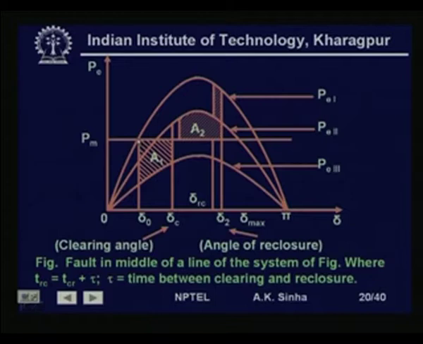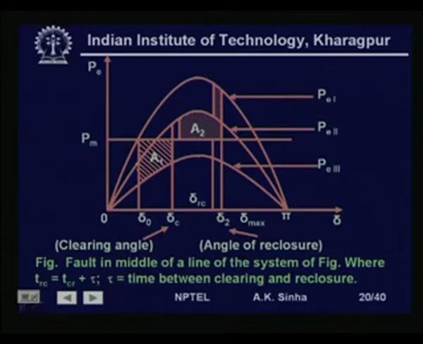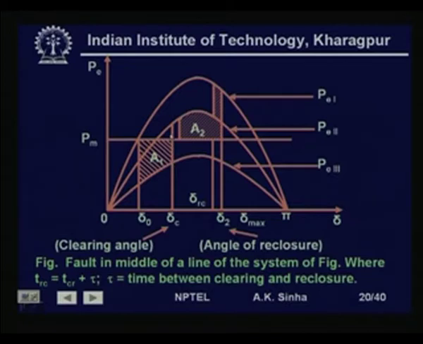So, this is delta 0 at this point. Suddenly the fault occurs, say in the middle of the line or somewhere, then based on the transfer reactance between the infinite bus and the generator, it drops down to the post fault condition. So, suddenly it will drop down here, and the delta angle will keep on increasing because of the accelerating power available. We clear the fault at this point, then suddenly it will jump to this point.